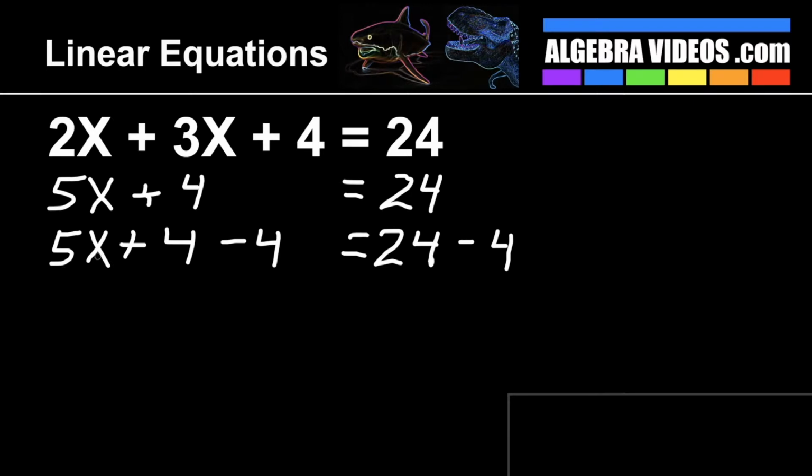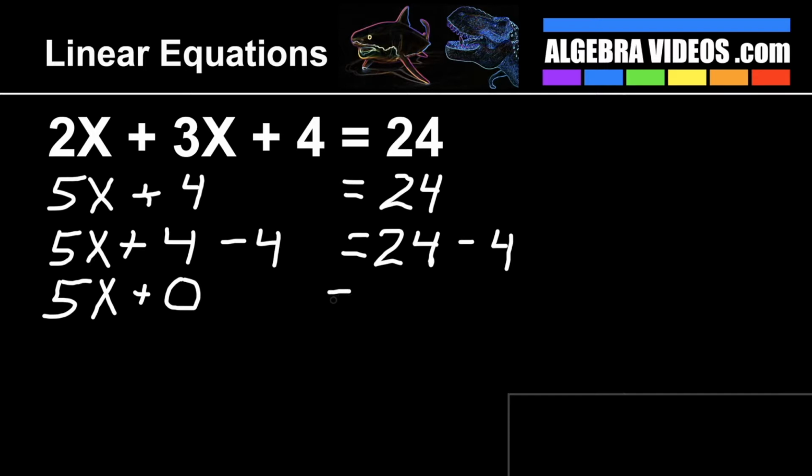So on the left side, our 5x plus 4 minus 4 is really the same as 5x plus 0, right? Because 4 minus 4 is 0. So I'm just going to simplify that. I'm going to write that as 5x. You could just call it 5x. I'm just going to drive home the point and put the 0 here so you can see that this 4 minus 4 simplified to 0.